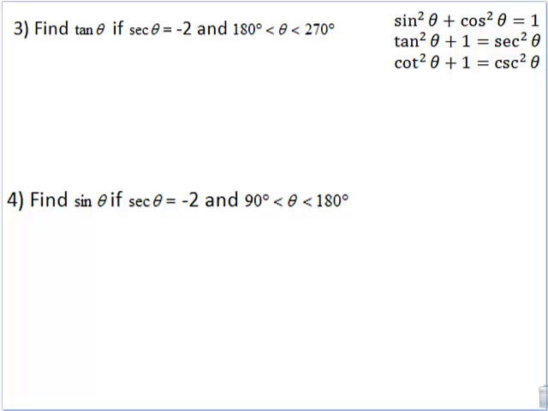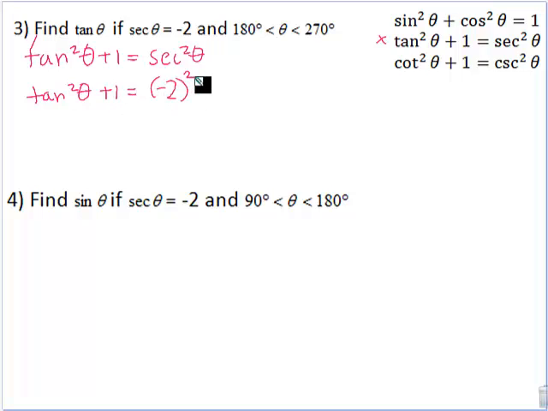Okay, so we're going to use the second one. So tangent squared of theta plus 1 is equal to secant squared of theta. We know secant is negative 2. So we have tangent squared of theta plus 1 is equal to negative 2 squared. So it's negative 2 squared? 4. So tangent squared of theta plus 1 is equal to 4.